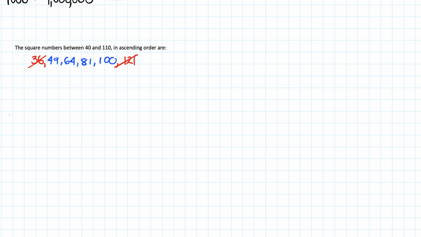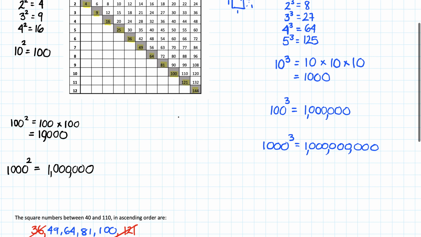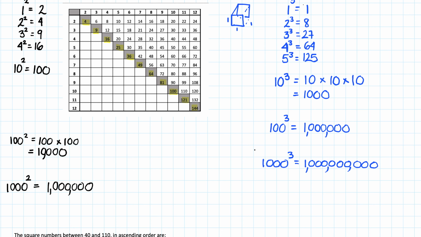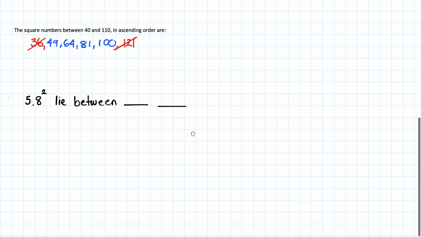So let's say if I'm asking you 5.8 squared. 5.8 squared is going to lie between which square numbers? So again, we have to think about this grid that I have here. I'm going to take a photo of this one and bring it down so we can work it out here.